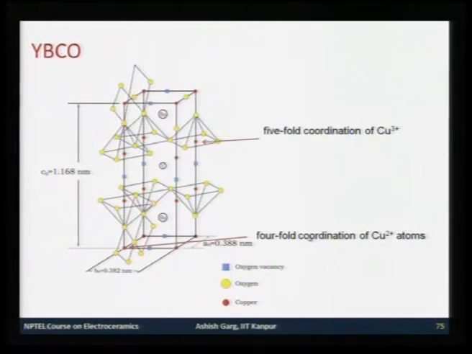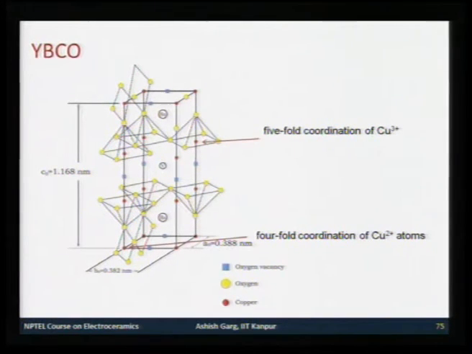So you have 5-fold coordination of copper 3+ atoms along these rows, and then within the plane you have 4-fold coordination of copper 2+ atoms.